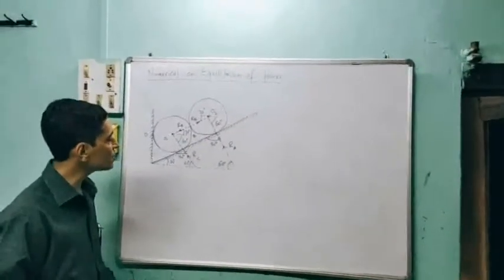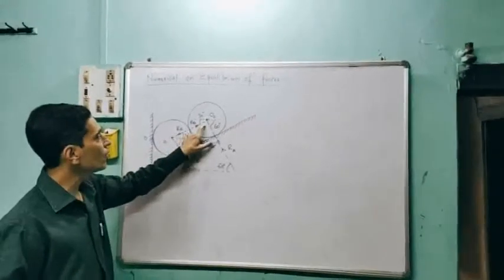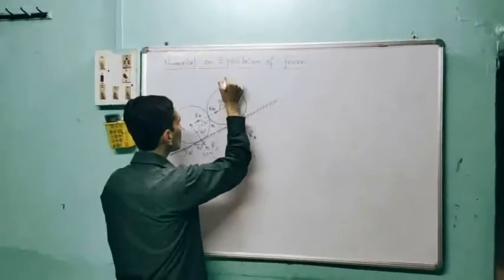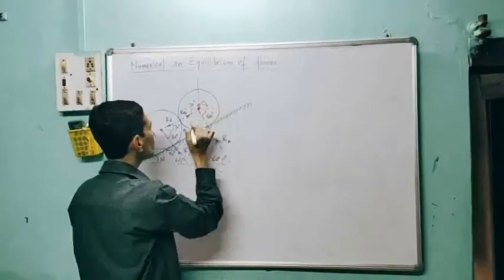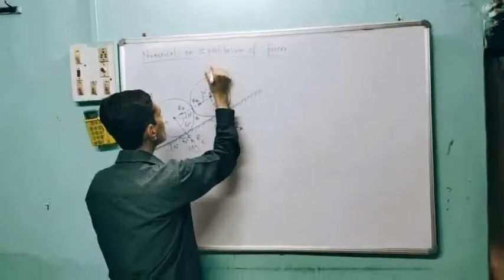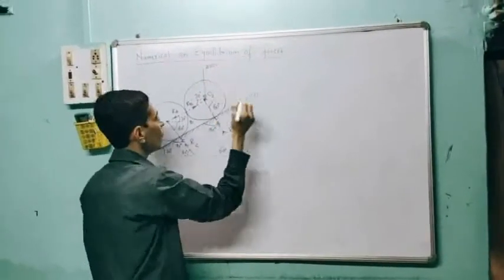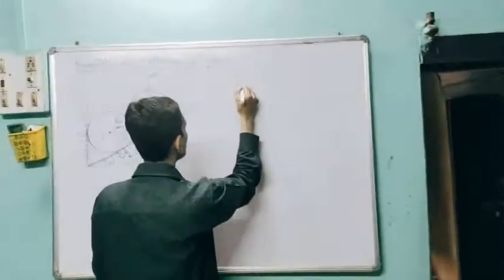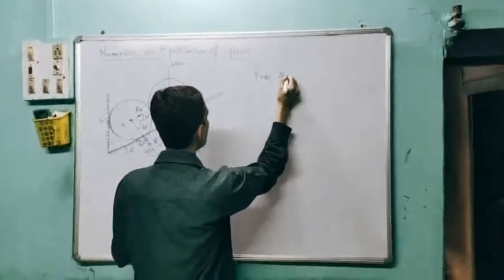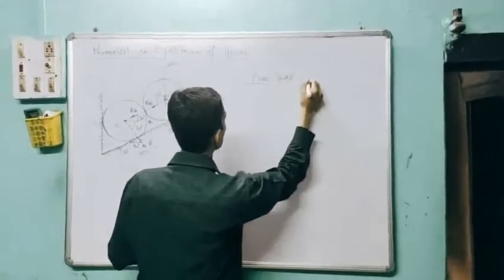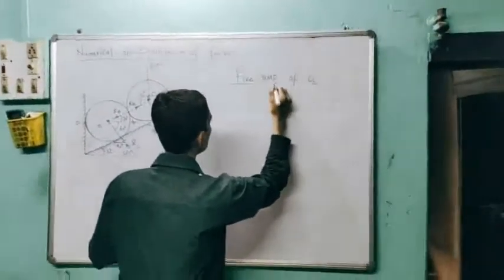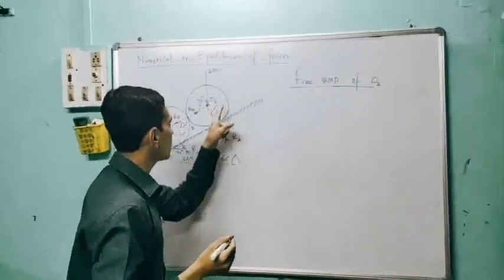Now first we need to draw the free body diagram of O2. While drawing the free body diagram of O2, there are three forces acting on it. The first one is its own weight. So let us first draw the free body diagram of O2. O2 is the upper roller.